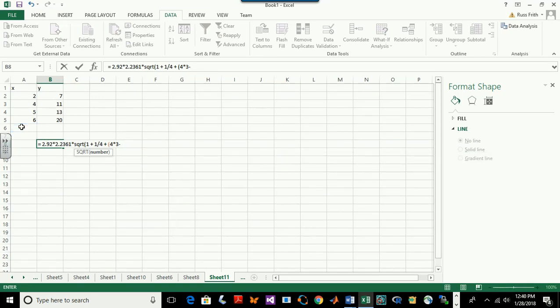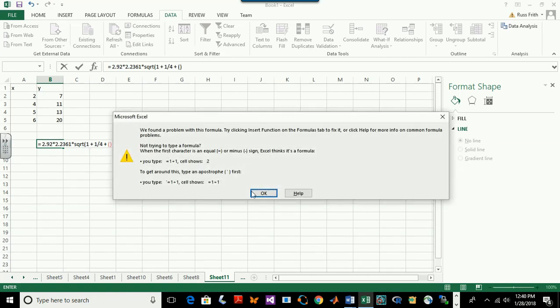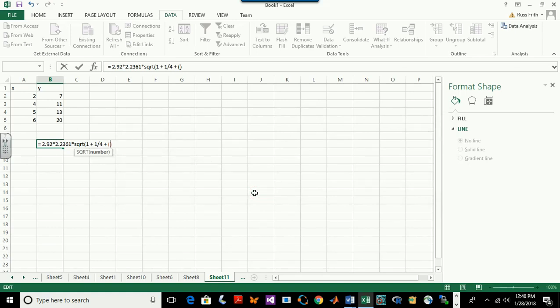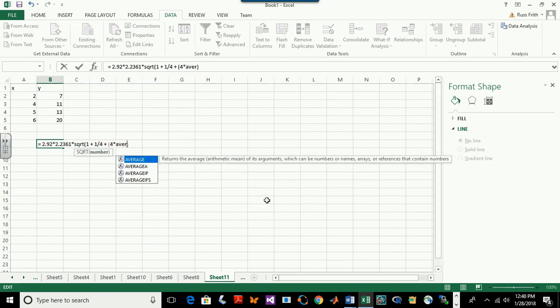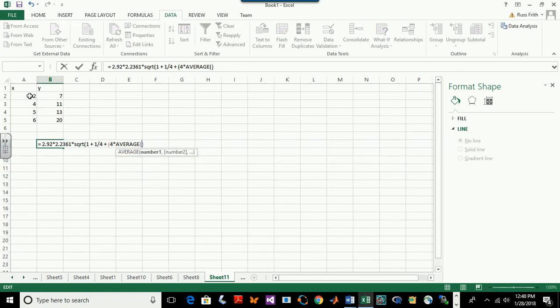So this would be 4 times the average of your x values. Well, that's not going to work. That's going to be a little bit too challenging.